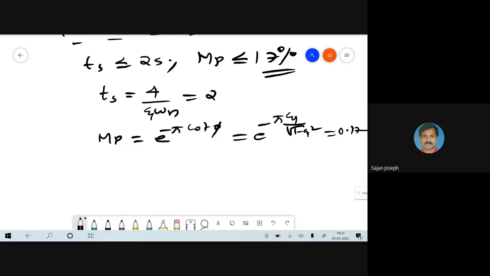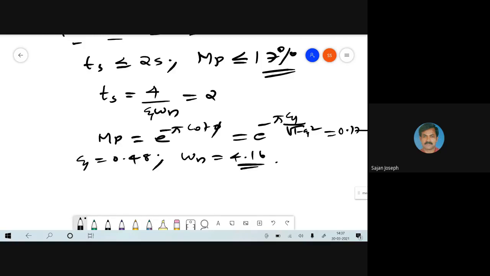You can use these and you will get epsilon approximately equal to 0.48, and omega n is equal to 4.16.